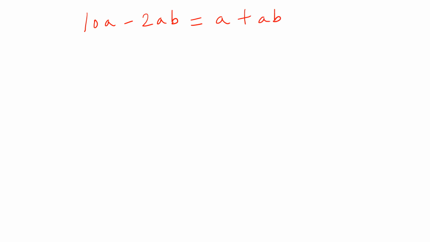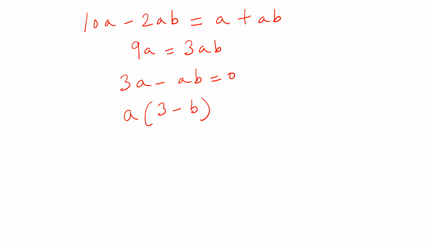So from here I can write 9a = 3ab, or 3a - ab = 0. So if I take out a common, inside the bracket I get 3 - b, and this is further equal to 0. So from here we conclude that either a is equal to 0 or b equal to 3.